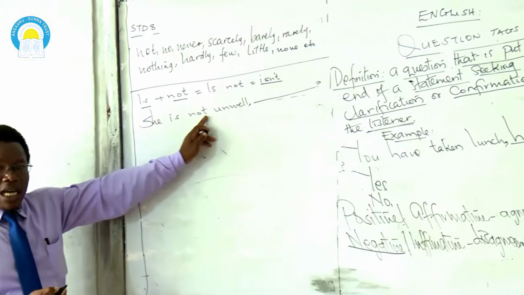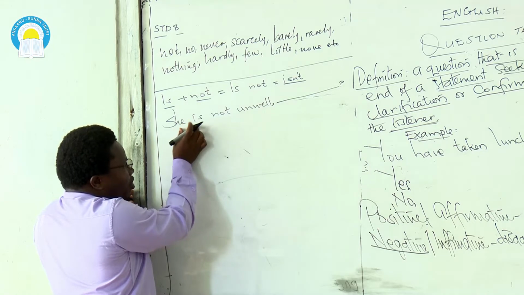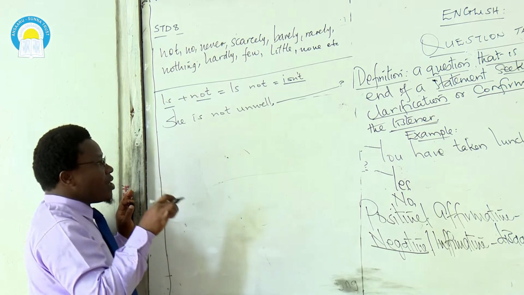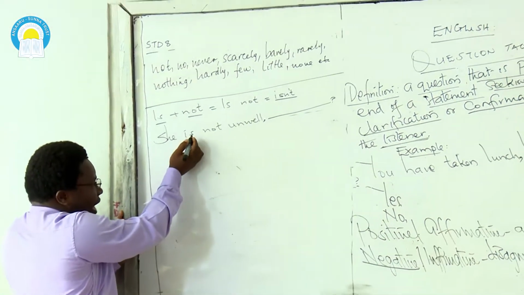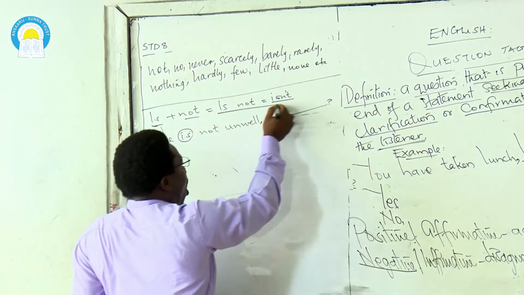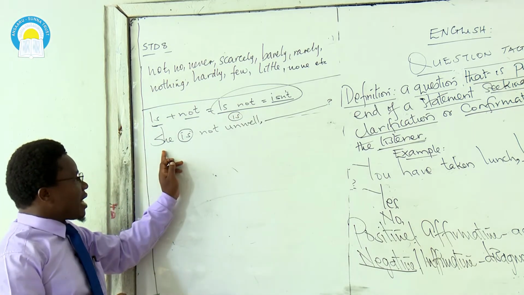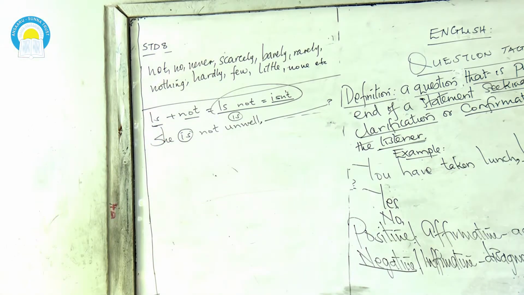So if we want to give the question tag to this negative statement, we write the positive tag. The positive form of is not is is. So the question tag now becomes is she?